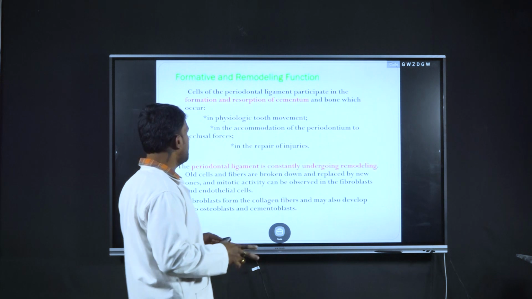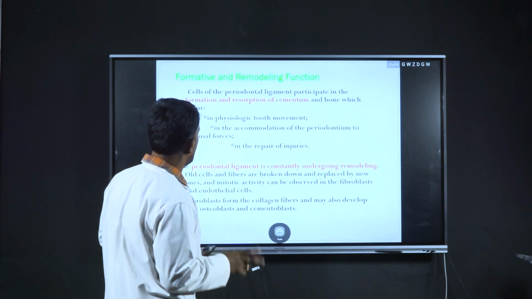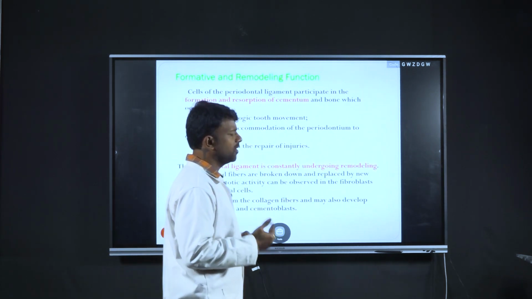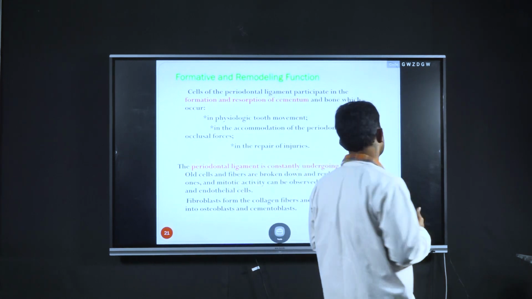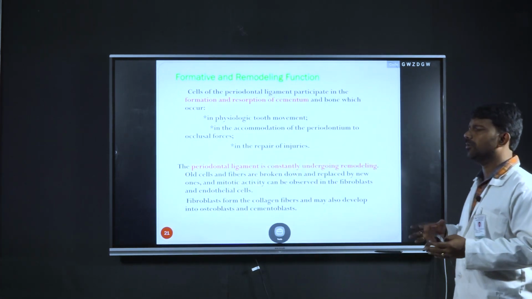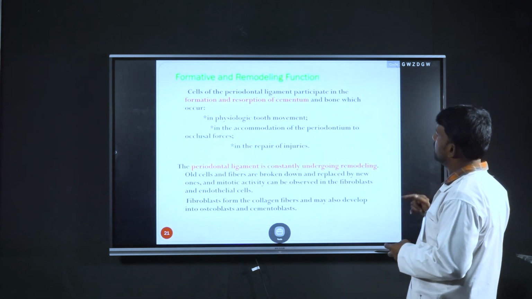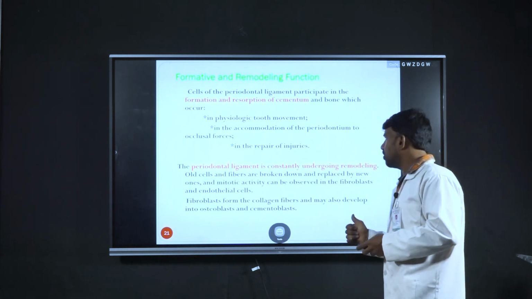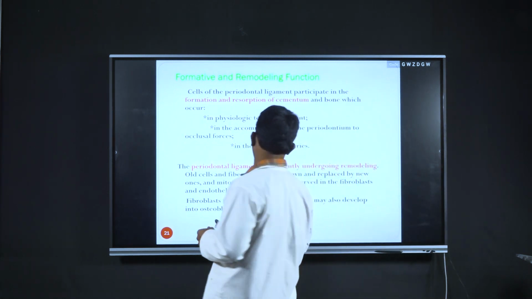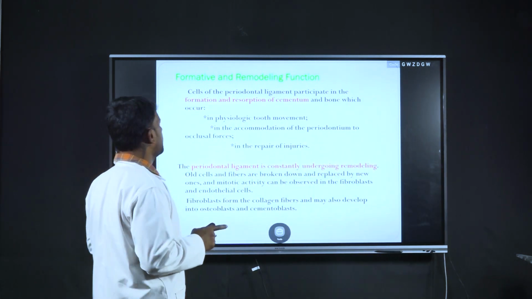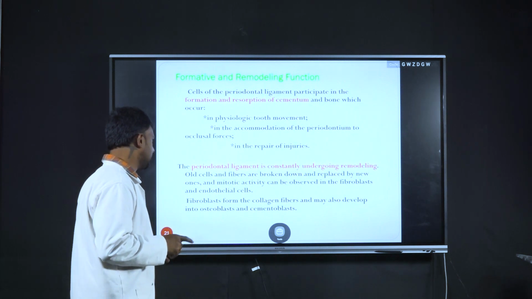So the periodontal ligament is constantly undergoing remodeling as cementum is continuously depositing on the predentine. Old cells and fibers are broken down and replaced with new ones, and mitotic activity can be observed in the fibroblasts and the endothelial cells.